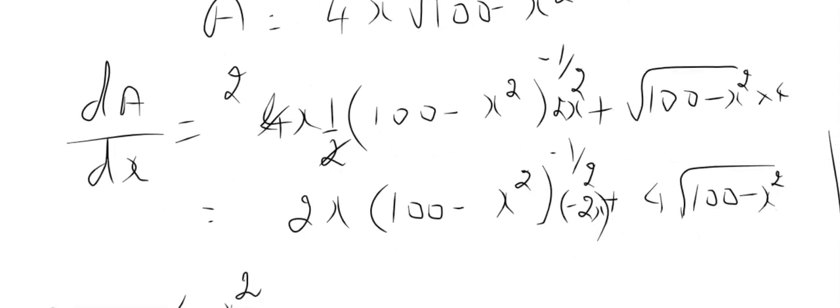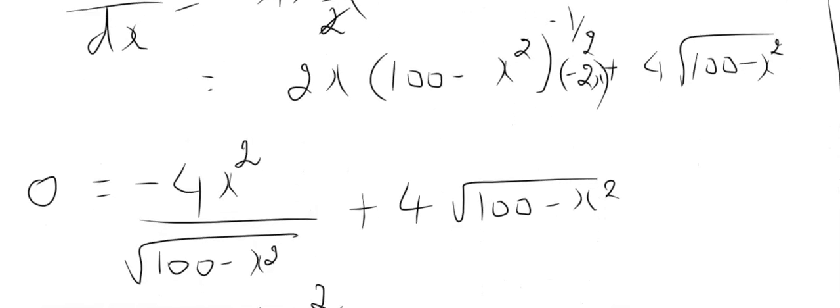I have cancelled 4 and 2 there, so that gives you 2x into 100 minus x squared to the power of minus half into minus 2x. Yeah, this is a minus 2x plus 4 root of 100 minus x squared.